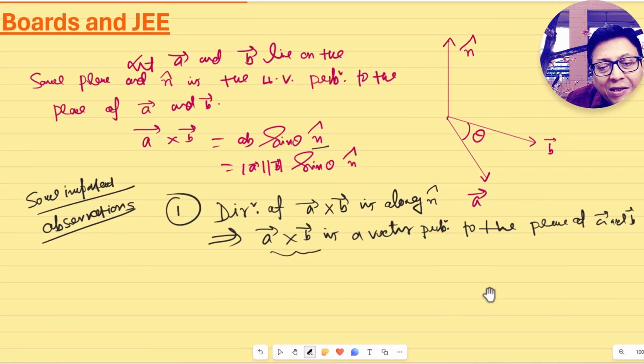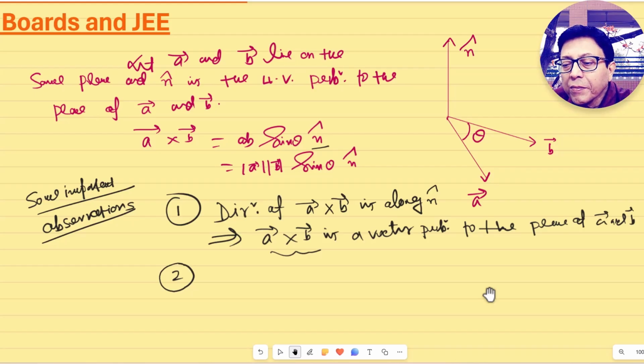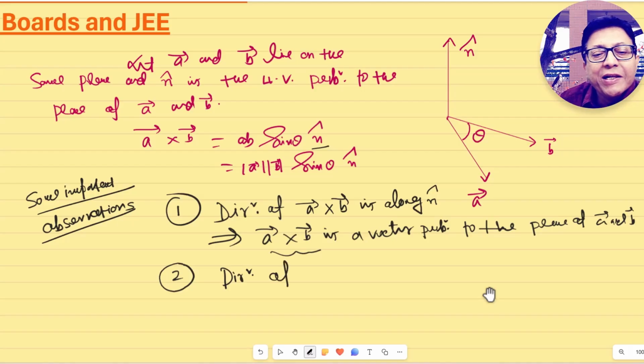So this will imply that A cross B is a vector perpendicular to the plane of the vectors A and B. A cross B is a vector quantity which is directed along n cap, but n cap is perpendicular to the plane of A and B, so A cross B will be a vector perpendicular to the plane of A and B.